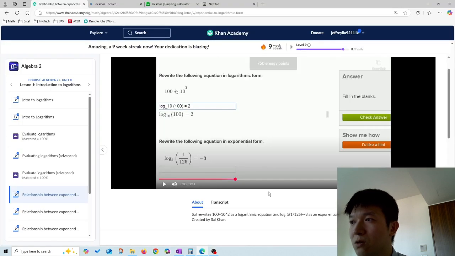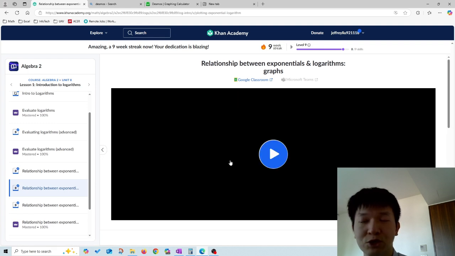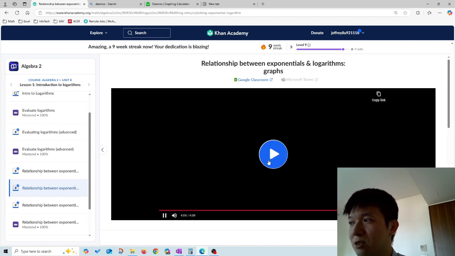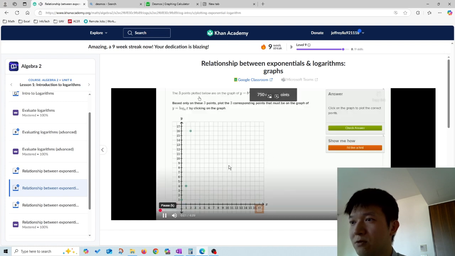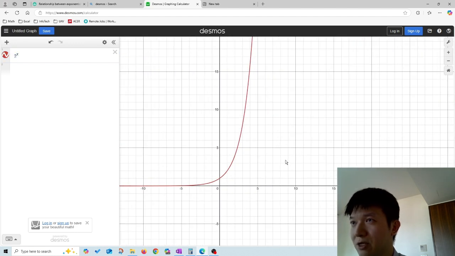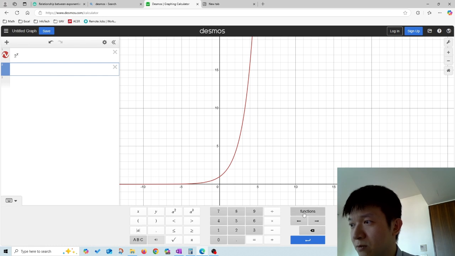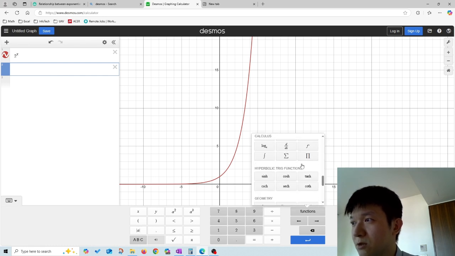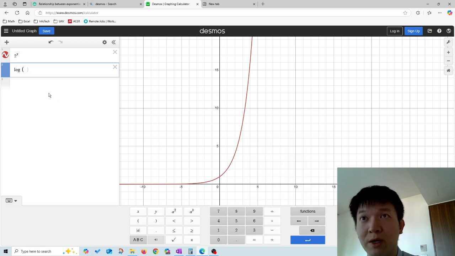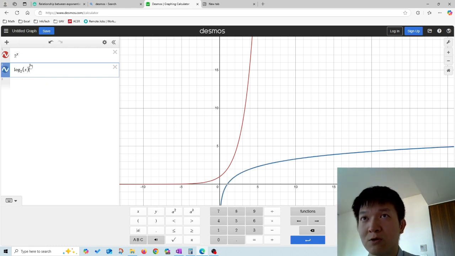Okay, so let's move on. The 3 points plotted below are inversely related. We're going to add a log base of 2, and our new x is going to be inside, which equals y.